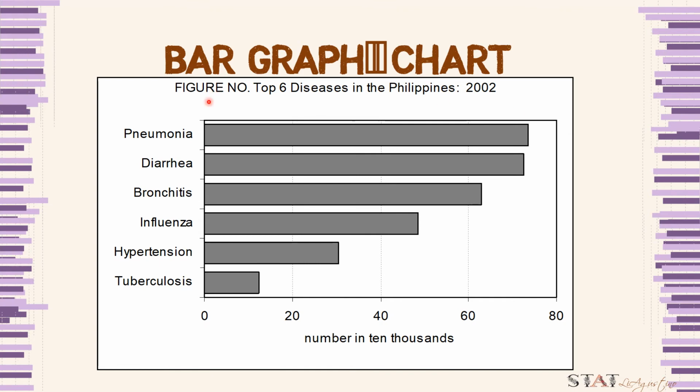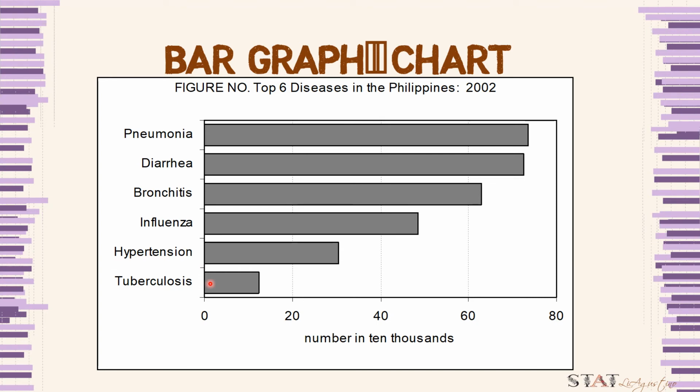We have here the figure: top 6 diseases in the Philippines in 2002. We have here pneumonia, but take note that the numbers are in 10,000s. So let's say 60, then 60,000. That's a lot of people, right? So here: pneumonia, diarrhea, bronchitis, influenza, hypertension, tuberculosis.